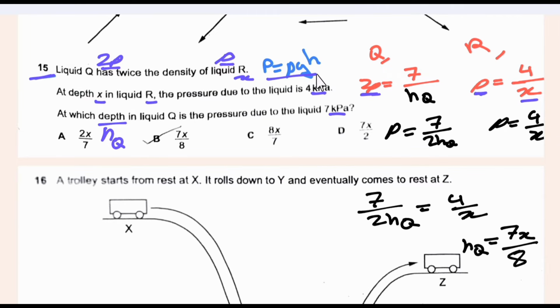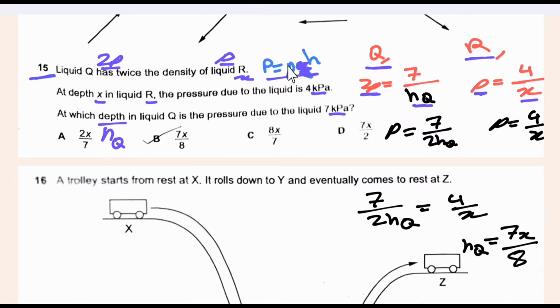We know that pressure is equal to rho g h, and since the gravitational field strength is constant, we remove it. Liquid Q has twice the density, so 2 rho is equal to 7 by HQ, and we need to find this value of HQ. For liquid R, the density is rho, the pressure is 4 and the height is x.